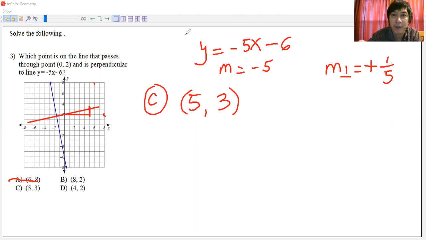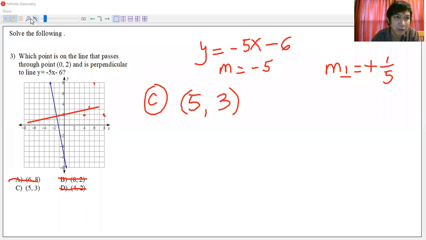Let me remove the triangle. Okay, 4, 2, that is somewhere offline, over here, there. That's 4, 2. So 4, 2, also not the answer. Also 8, 2. So the answer must be letter C, okay? It's 5, 3.